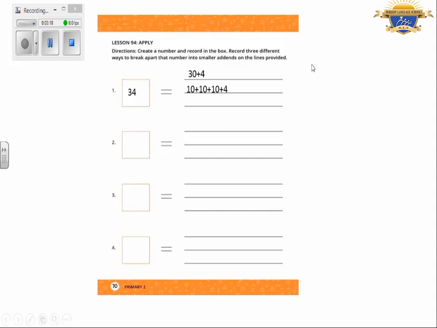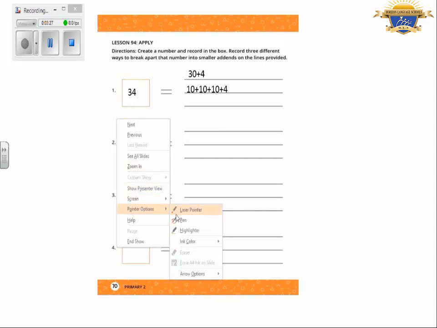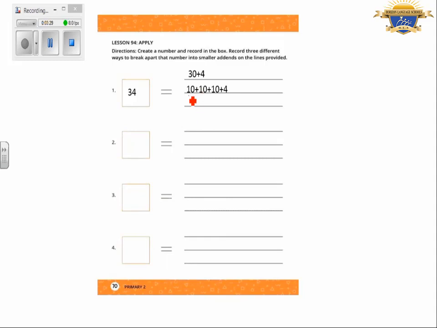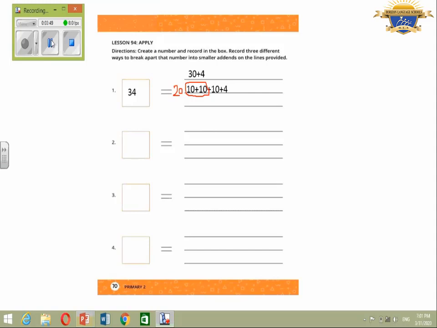I have here 3 tens. 10, 20, 30. But what do you think if I do this? I take those 2 tens and regroup them. 10, 20. So I have here 20 as 2 tens. And I will move this 10 into ones column.